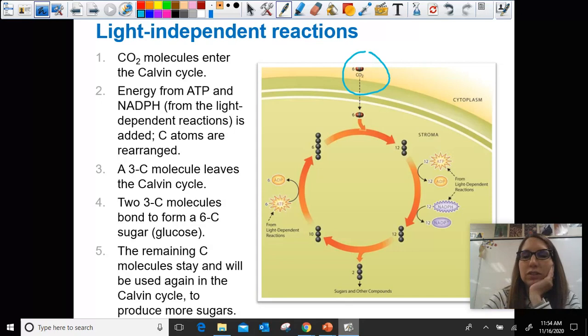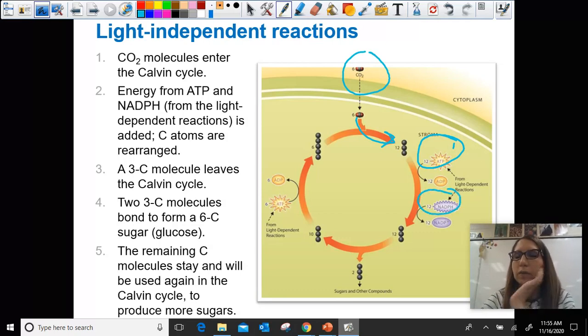So those 6 CO2s come in, and they start to be rearranged and recombined in different ways. You can see my ATP coming from my light dependent reactions is going to be used, as well as my NADPH. They're both used when we break the bonds within those molecules, either between the 2nd and 3rd phosphate of ATP or between the hydrogen and the phosphate of NADPH. That's going to provide energy for us to rearrange some of these molecules.